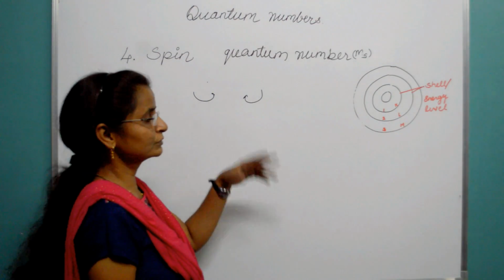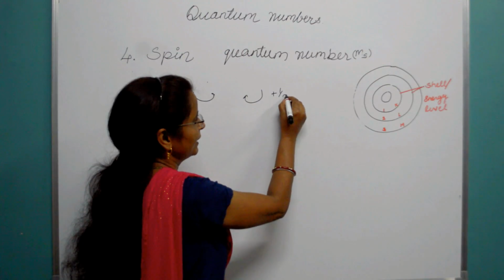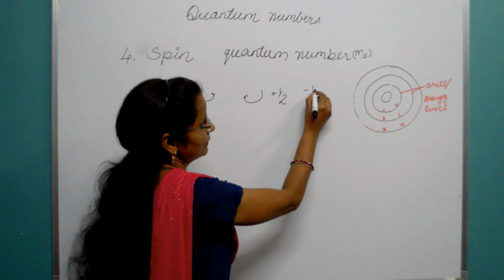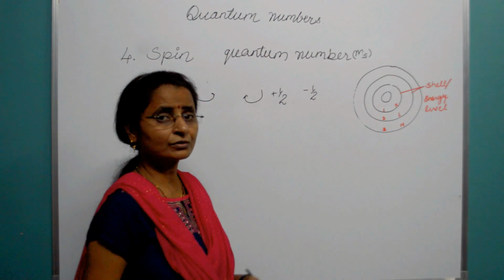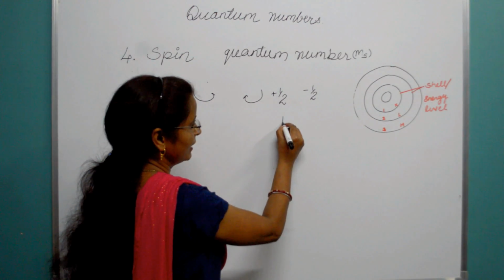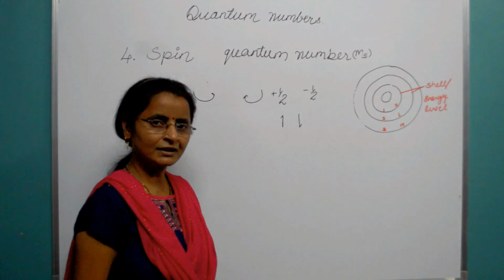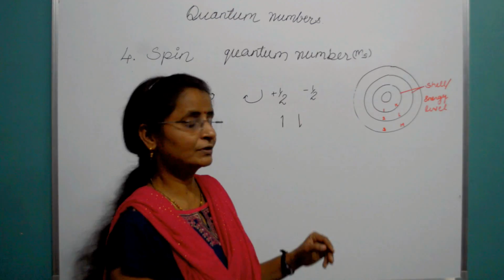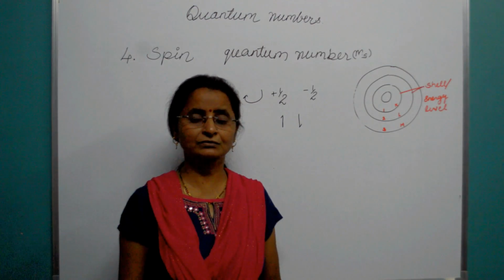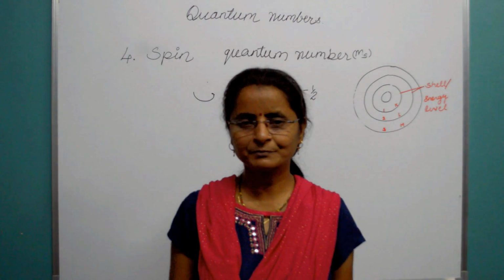So there are two directions. So its value we can represent by plus half or minus half. This direction of spin is also denoted by the direction of an arrow, upward or downward. So with the help of this spin quantum number, we know how many electrons are present in that particular orbital.